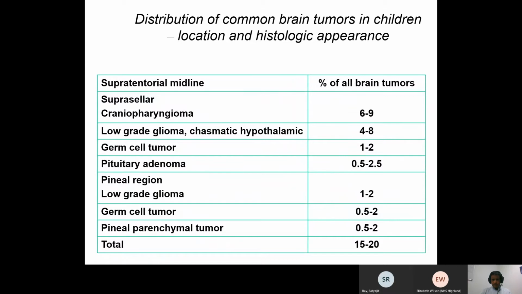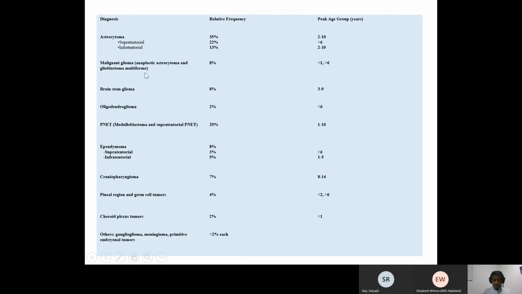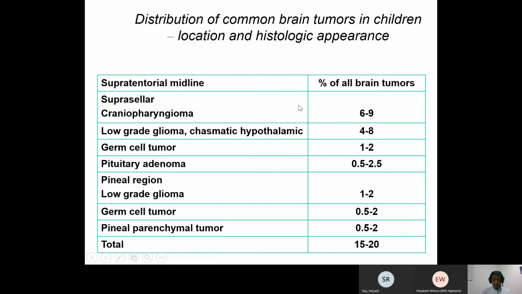In terms of midline tumors, so we talked about the hemispheric tumors. In terms of the midline tumors, sorry, you can see midline tumors are the most common one, about 9%.